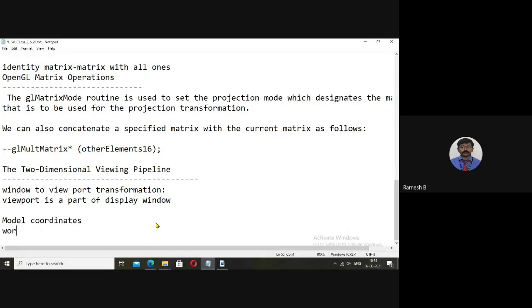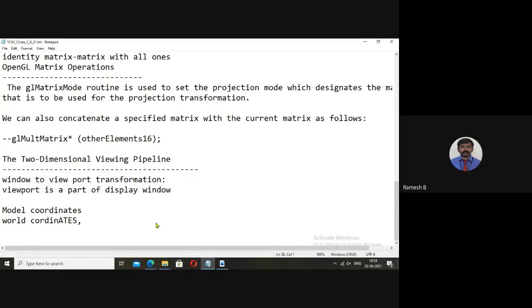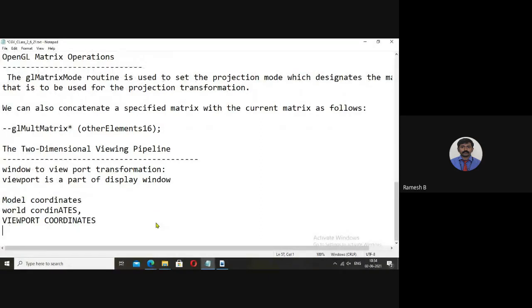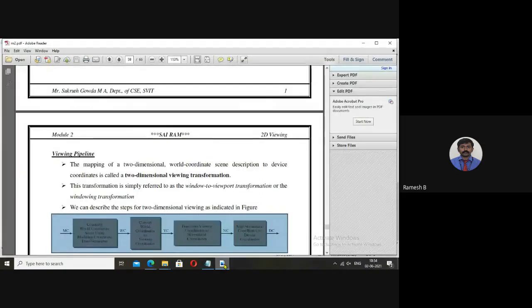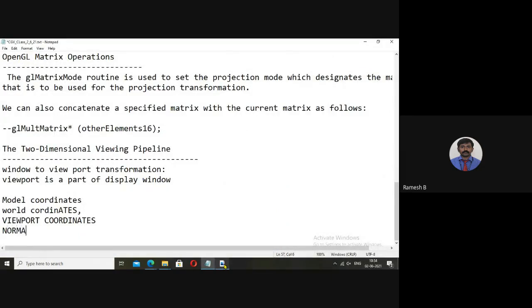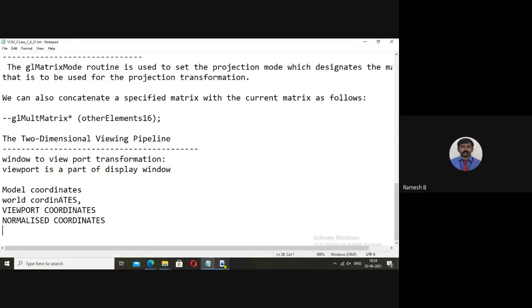They are converted into world coordinates, then into viewport coordinates, then into normalized coordinates, and finally into display coordinates.